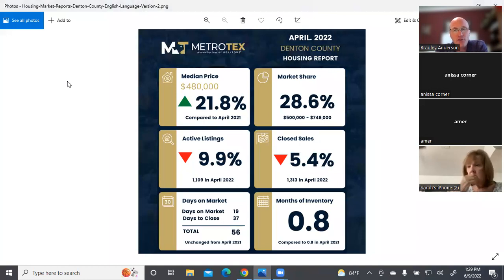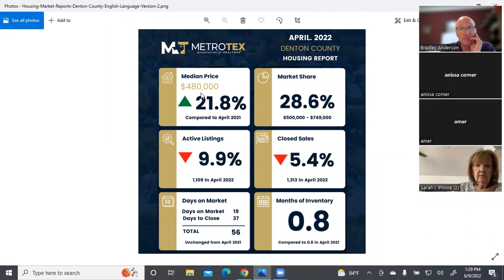Now, I'm going to show you, if you're not a member of Netris and you're calling from elsewhere, where to get this for you. But you can kind of see what our board is telling us is important. So median price, we already discussed, and they're a month behind, right? So this is April. May hasn't come out yet.